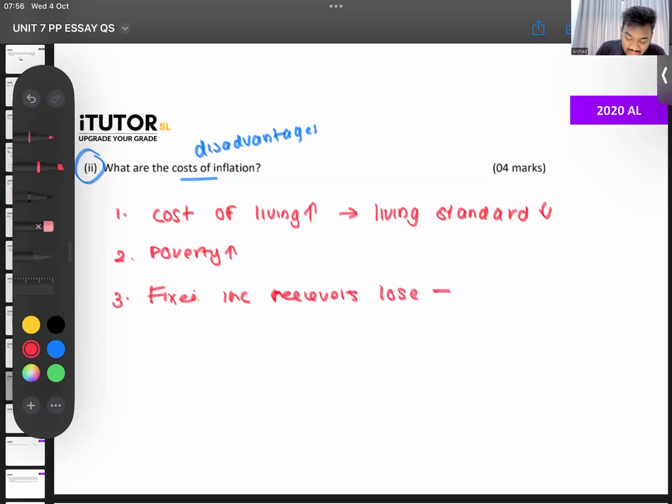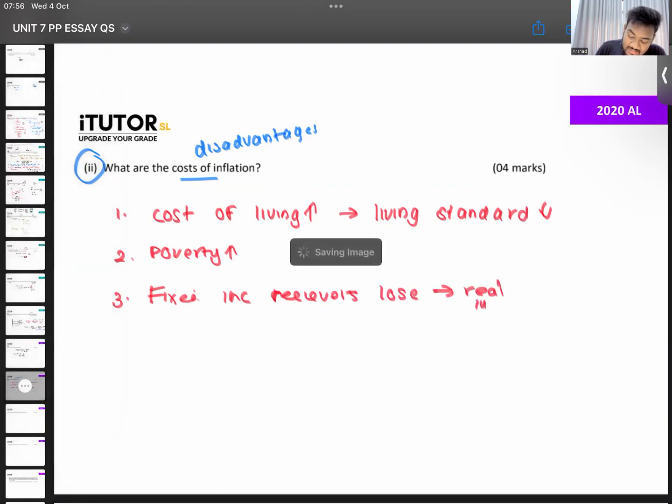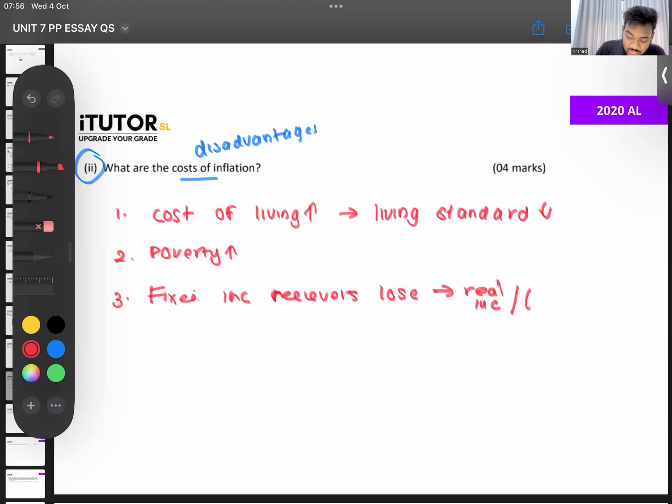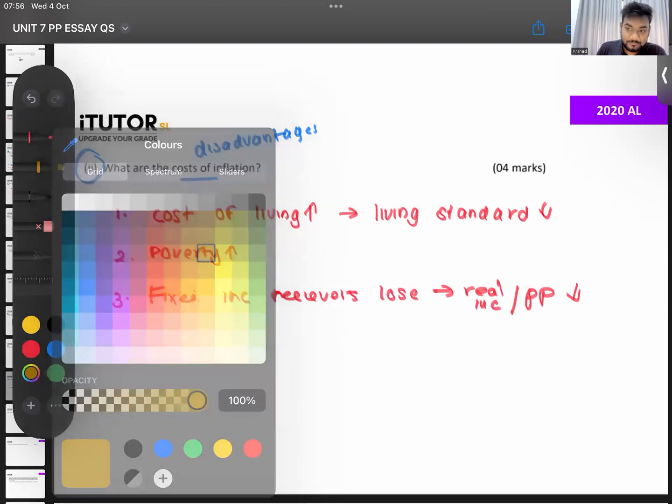Why? Because their real income, or in other words their purchasing power, comes down. With inflation, the real income or purchasing power starts to come down.